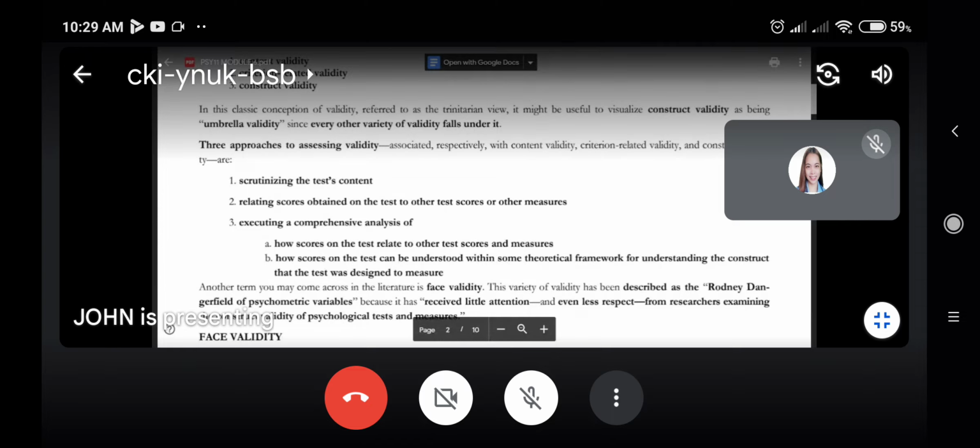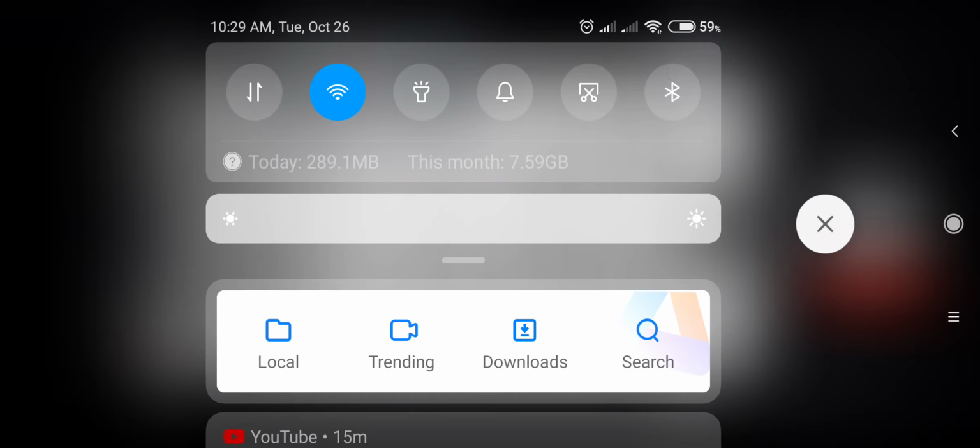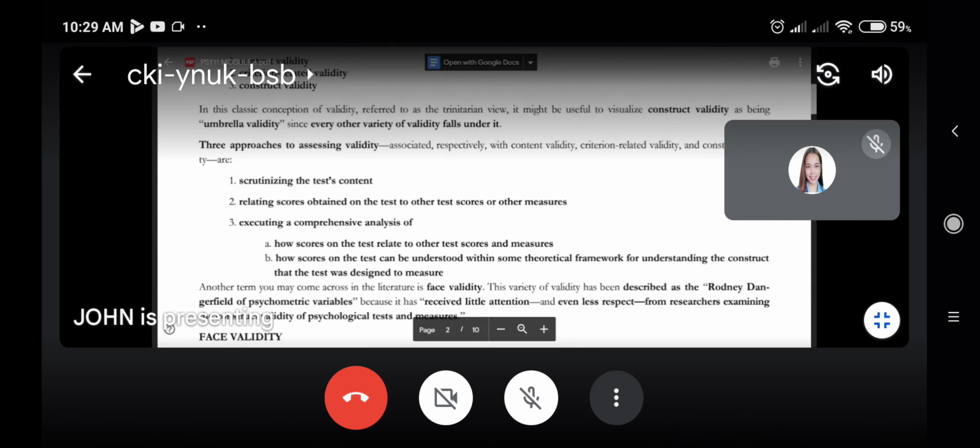Okay, another thing is the use of the theoretical framework in order for you to understand the construct. This is under construct validity. Let us say you are developing a theory-based test. When you say theory-based test, this is a test anchored to a particular theory.